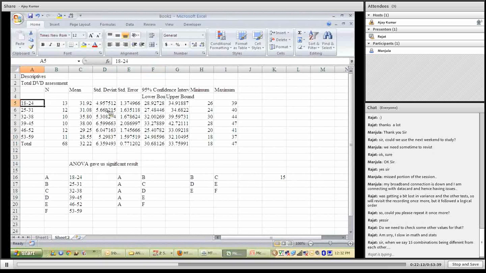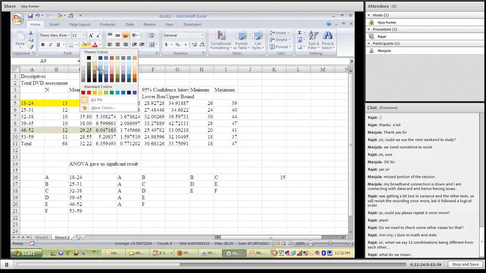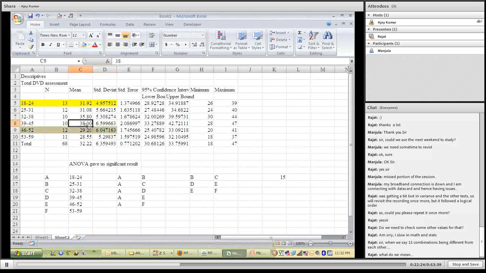Now maybe this group, let's make it yellow, is different from this group, let's make it gray. So maybe only these two groups are different from each other and the rest are equal, because hardly will you find that the difference of 0.3 between these two is considered a significant difference, right?